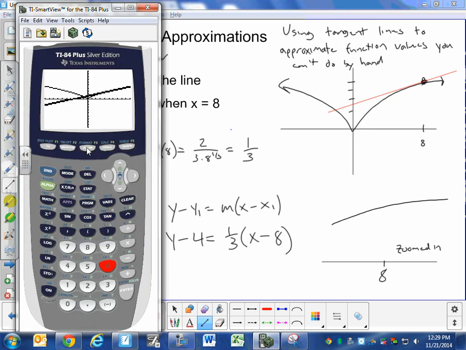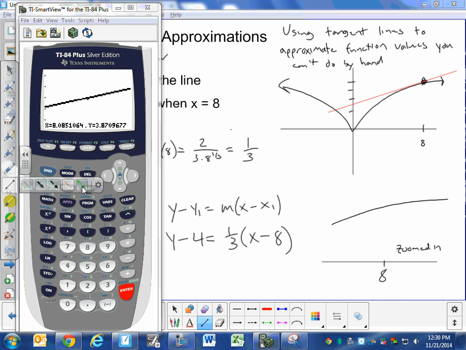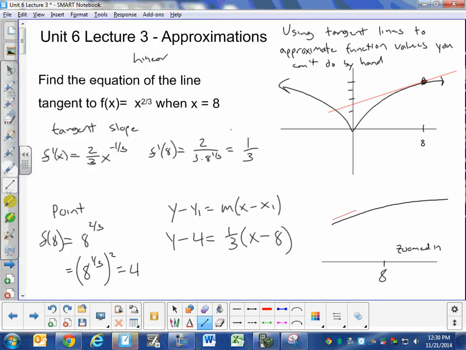Well, I'm going to zoom in around this point (8, 4). I'm going to take this and zoom in right there. And there's x to the 2/3, and there is my tangent equation. So zoomed in, it looks like this, and then kind of like that.